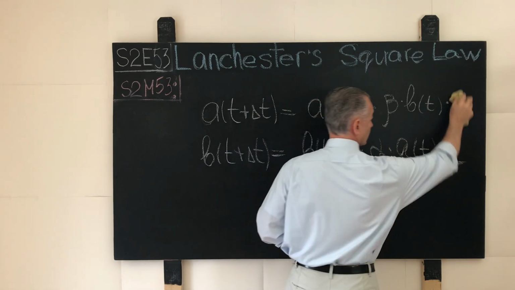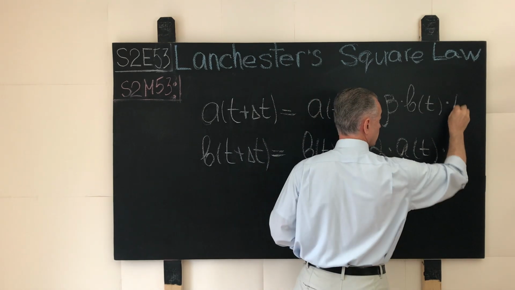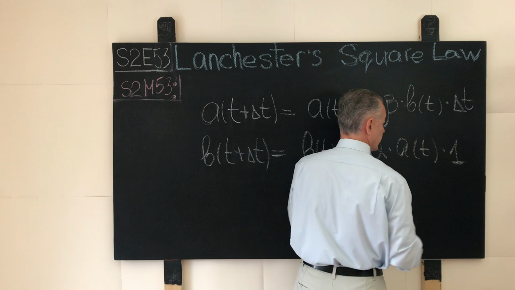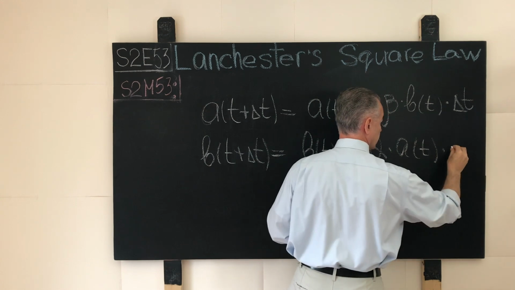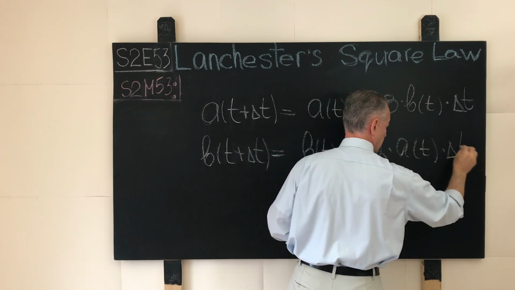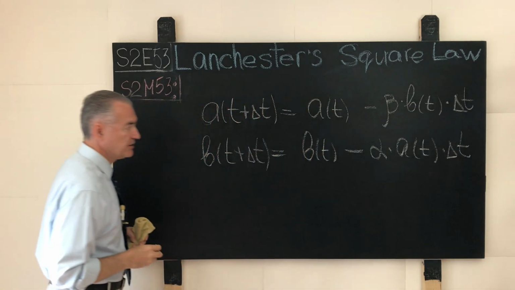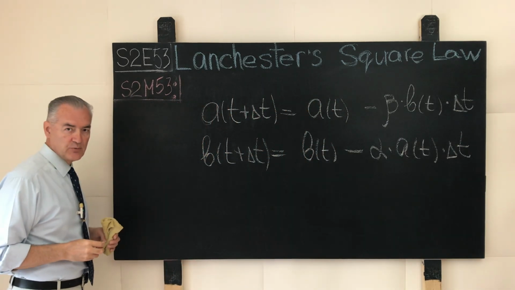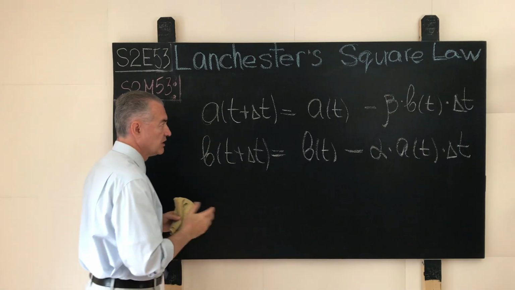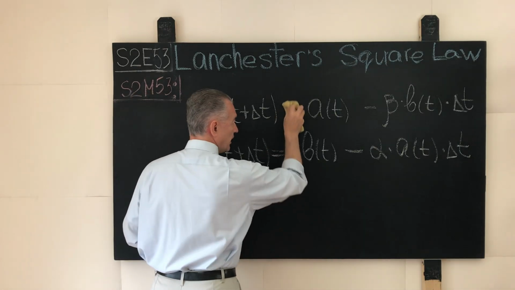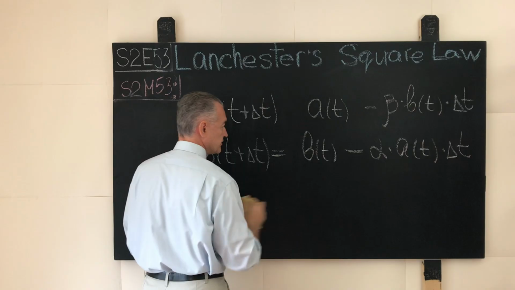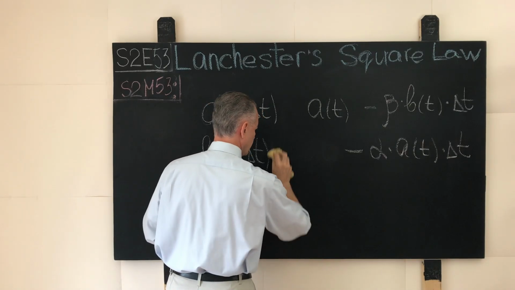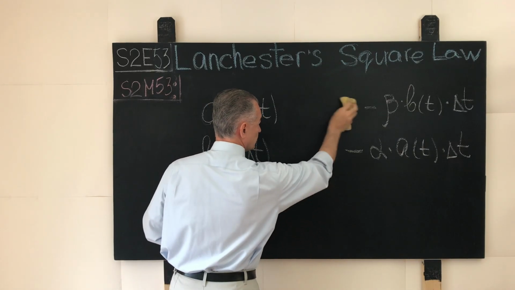That is a small number that is arbitrary, delta t. That is our definition of a time model that is continuous. What type of manipulations will we do here? Well, exactly, we will move a of t to the left-hand side and b of t to the left-hand side of the equal sign.